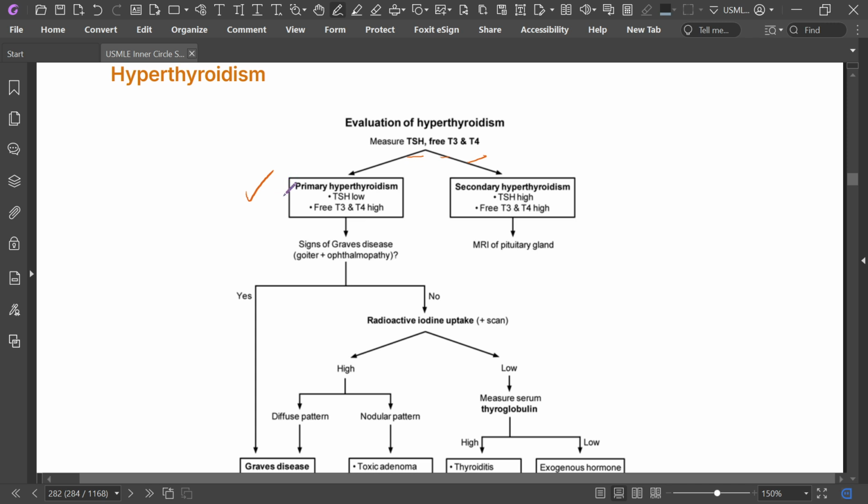And for secondary, TSH has to be high and FT4, FT3 have to be high too. And if you like, hypothalamus, remember this sequence: hypothalamus, pituitary, and the target organ like thyroid.